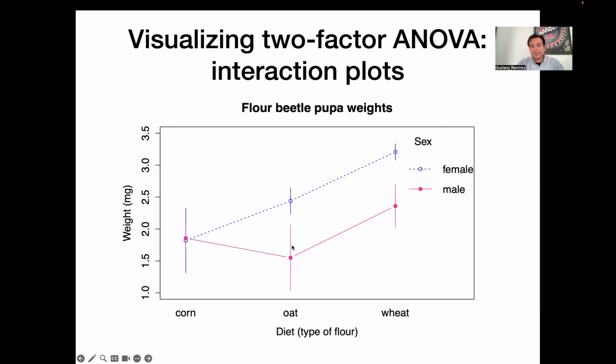So again, here you see an effect of the level, oat and wheat, but the effect that you see here is strictly derived from changing diet. And that change in diet is equally effectuating the same outcome in both males and females, and that same outcome means that they both weigh more, basically. Okay, so that's where we're at, and I think that's where we left off last time.